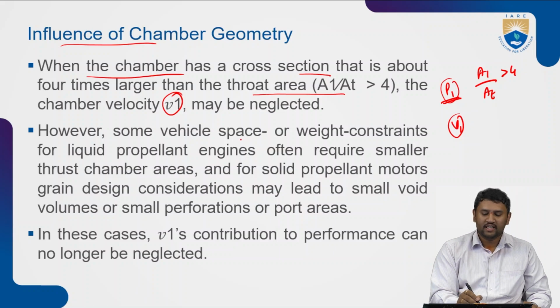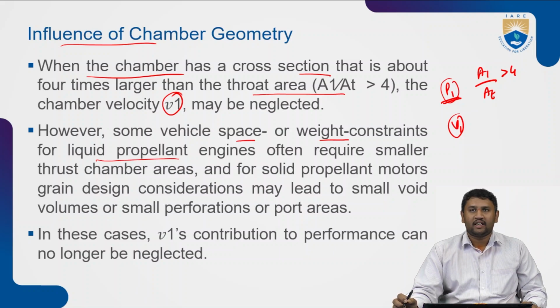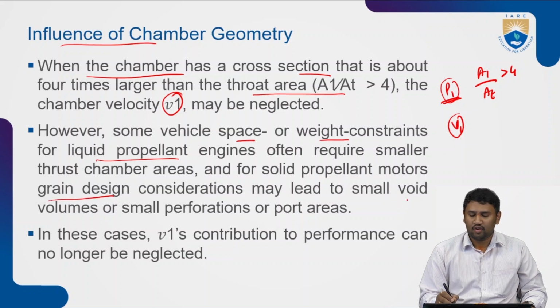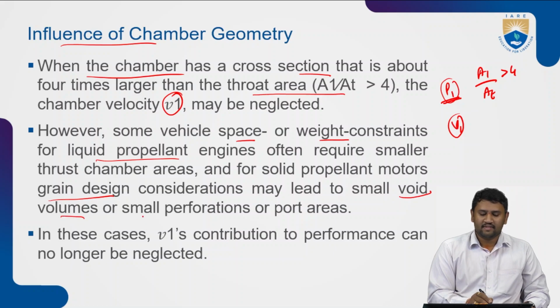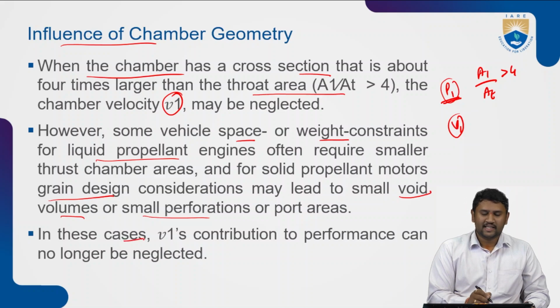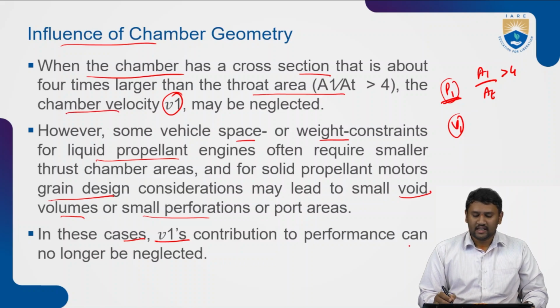However, due to space or weight constraints, liquid propellant engines often require smaller thrust chamber areas, and for solid propellant motors, grain design considerations may lead to small void volumes as well as perforations or port areas.